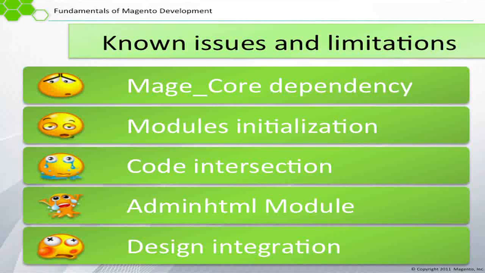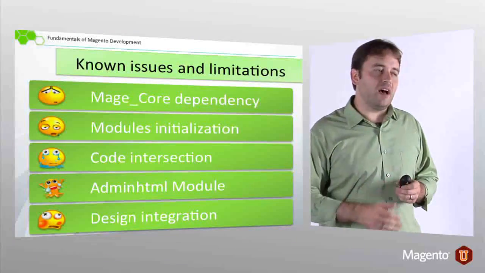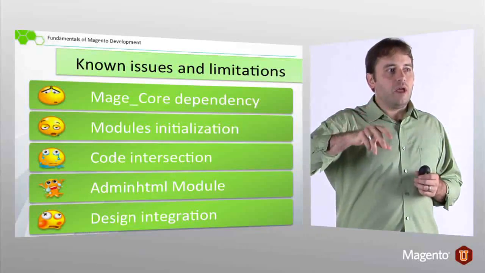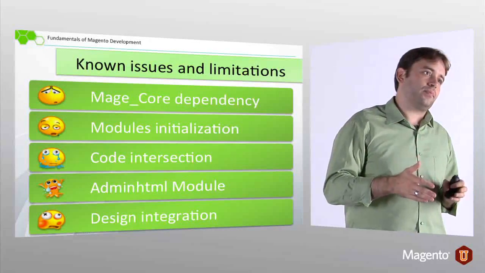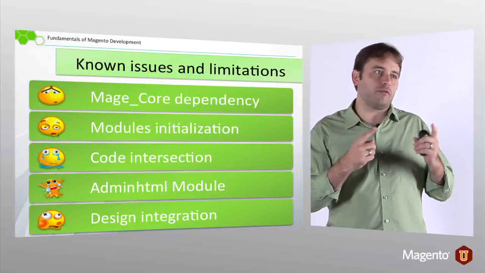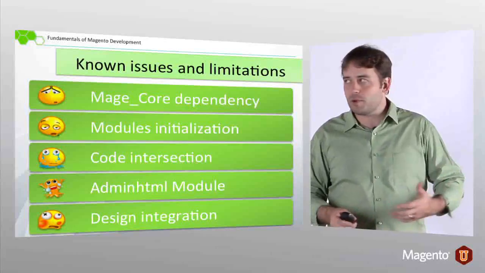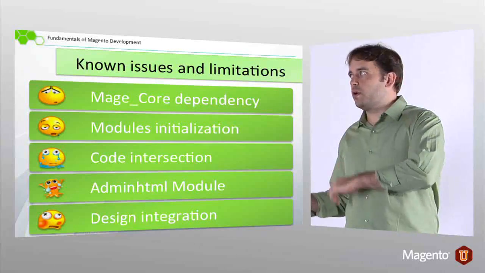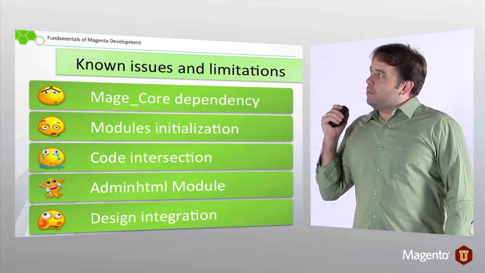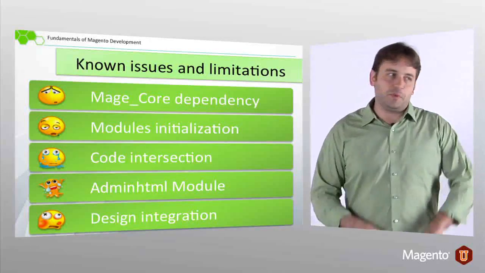So, Mage core. In your file system, you have app code core, and then the Mage namespace, and then the core module. So you have a couple of core folders in a file path. That's what I'm talking about when I'm talking about Mage core. App code core, Mage core. Magento, in order to run, depends on Mage core.